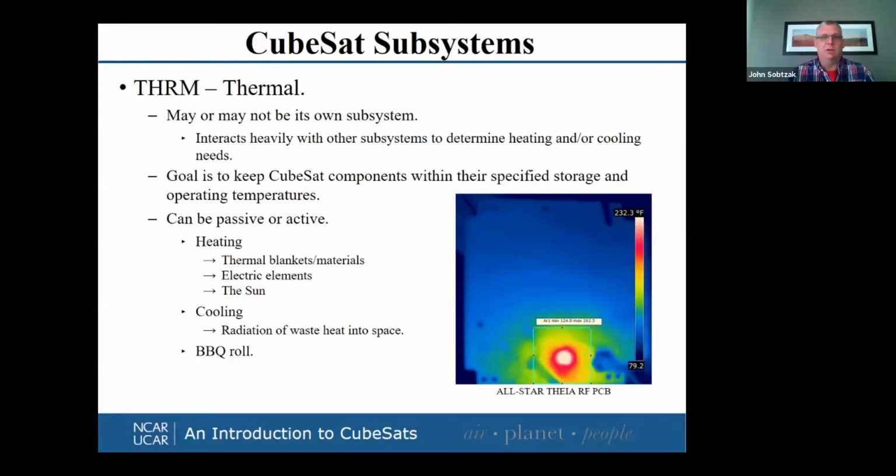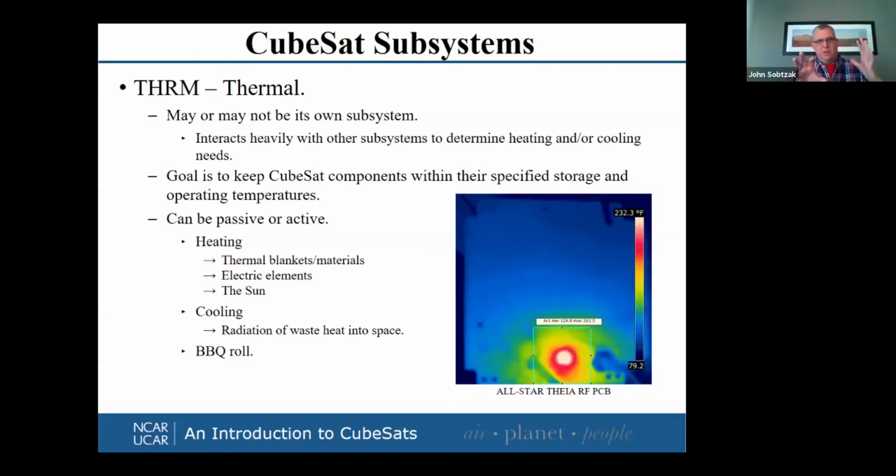Cooling, as I mentioned before, the only way to cool is to get the heat to the structure and radiate into space. There's no conduction, there's no convection. Radiation is the only methodology. I will mention a barbecue roll. Often you see things in space, both in videos, that have a slow rotation to them. And I thought barbecue roll was something somebody just recently made up, but it's actually terminology that goes back to the 60s.